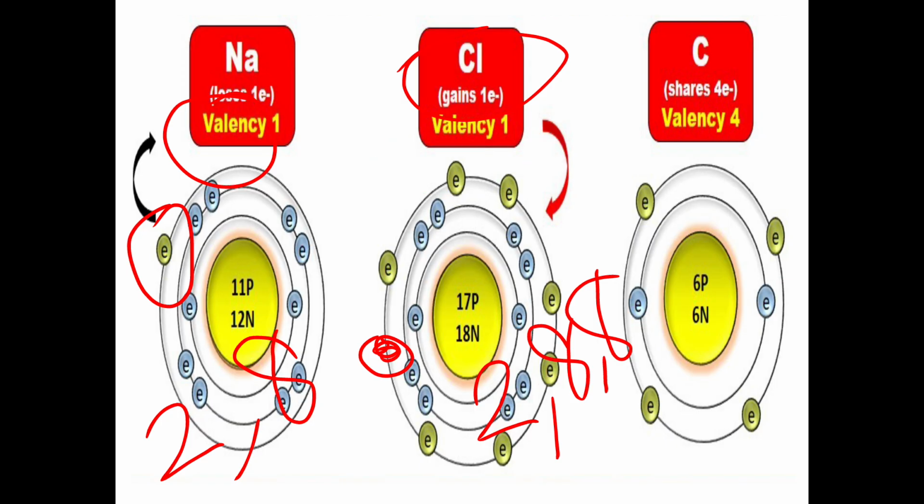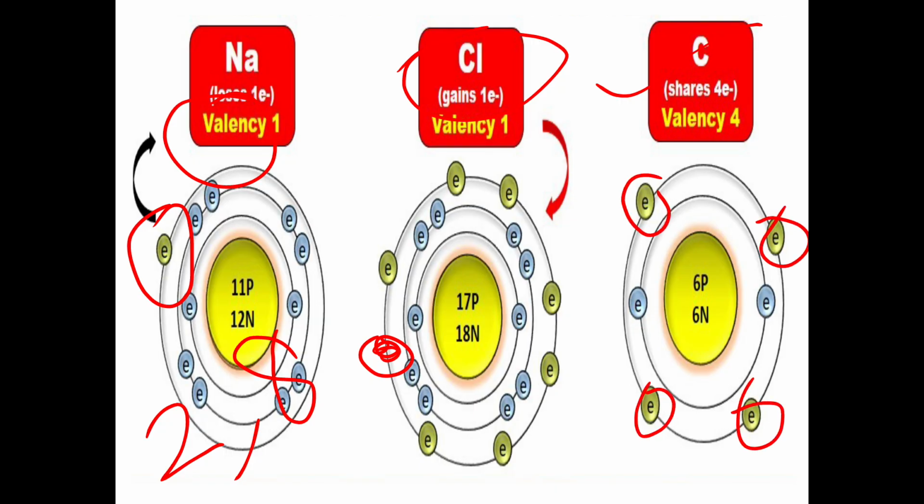And what's in case of carbon? You can see in the outer orbit, outer shell, the carbon is having 4 electrons: 1, 2, 3, 4. So for getting the stability, it has to take 4 more electrons, or it can share its 4 electrons with other atoms.